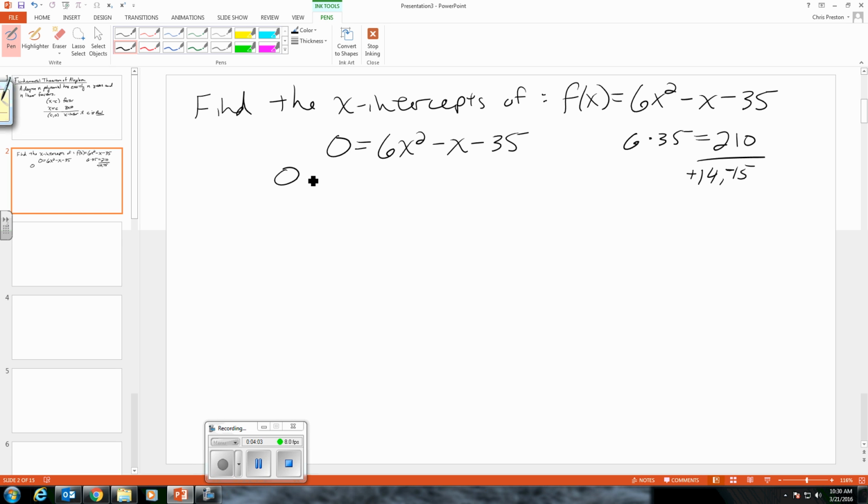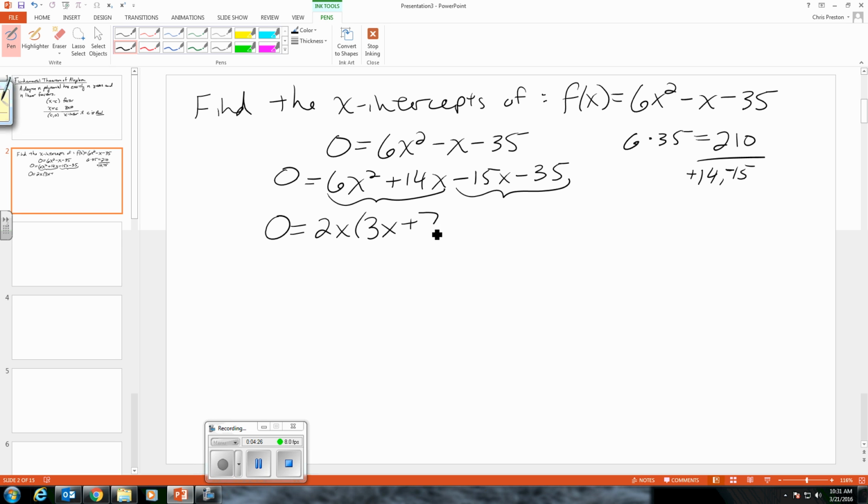I'm going to factor this by grouping. So positive 14x, negative 15x. What I've just figured out is what the O and the I were when you FOIL, and now I'm just ripping them back apart. The first two have a 2x in common. Take that out, you get 3x plus 7.